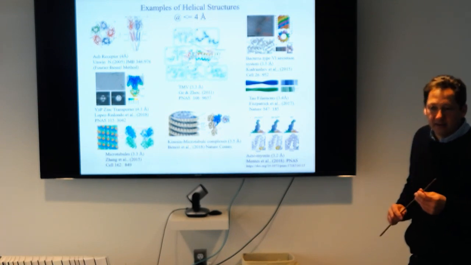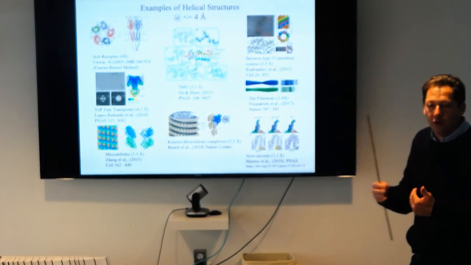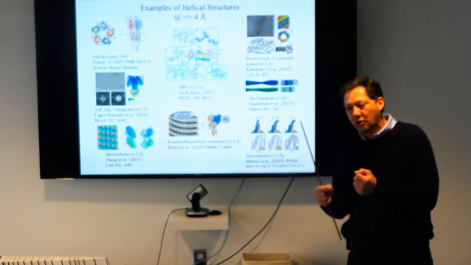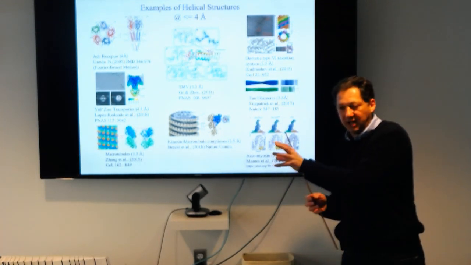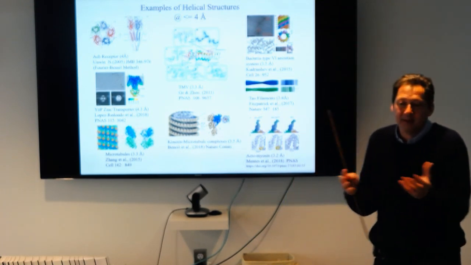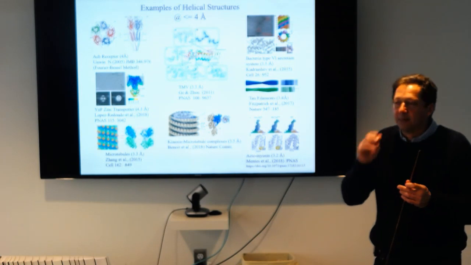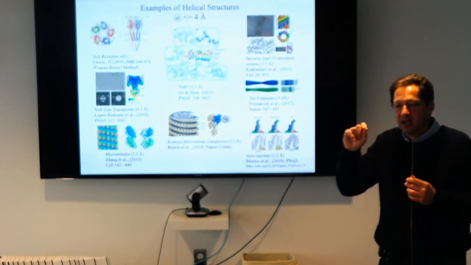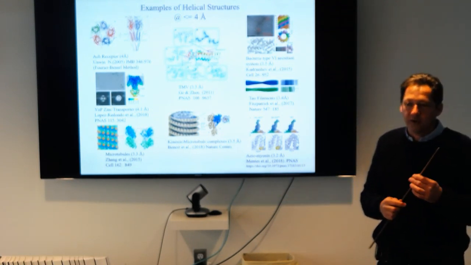Frealign, if you ever use it, also has a module to deal with helical reconstruction. It's a little bit more custom, so we do all the analysis previous to getting to Frealign with our custom program, which doesn't do anything particularly fancy, except there are some steps that we have done to make sure that the helical symmetry that we have and the helical symmetry that we get at the refinement match each other.